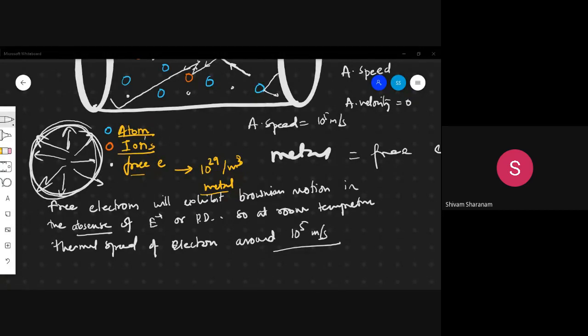Okay. Yes. So net average velocity of the electrons is how much? 0. Okay.